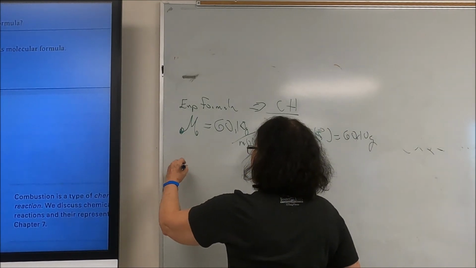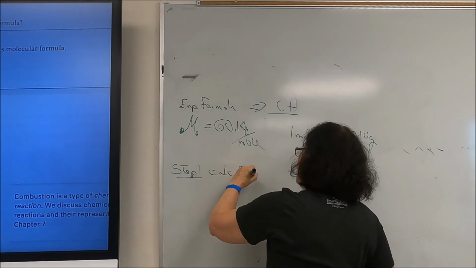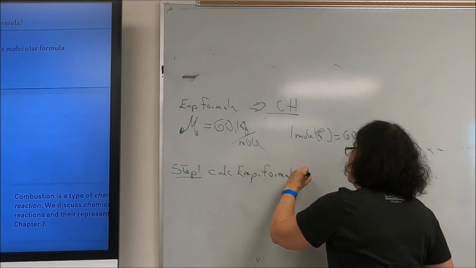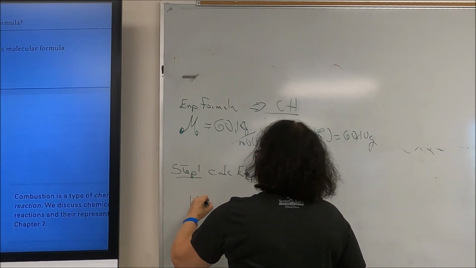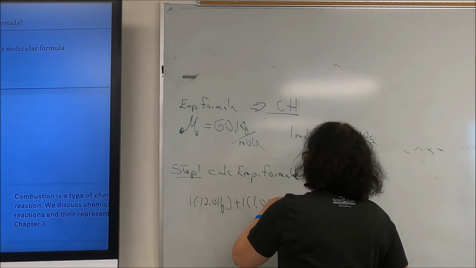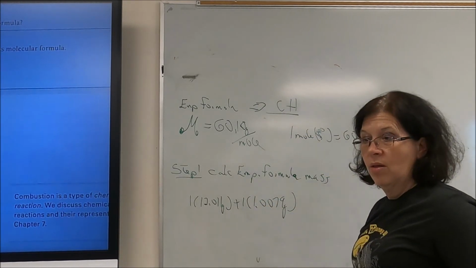So our step 1 is to calculate the empirical formula mass. So 1 times 12.011 grams plus 1 times 1.0079 grams, because I've got 1 mole of carbon and 1 mole of hydrogen.